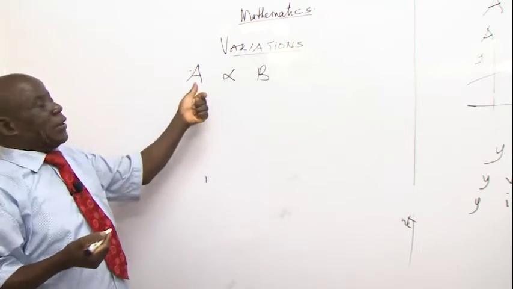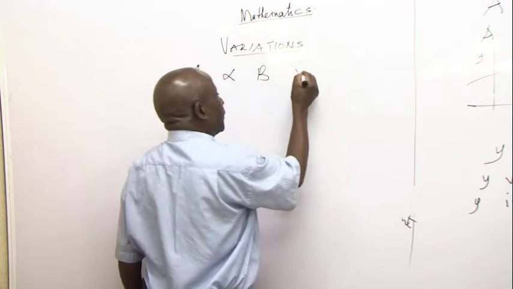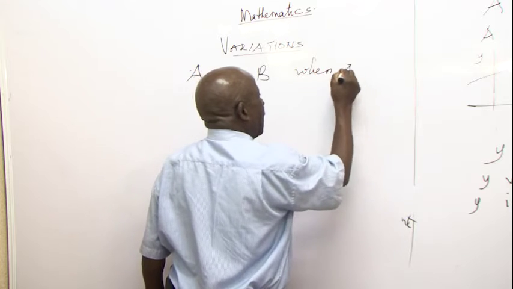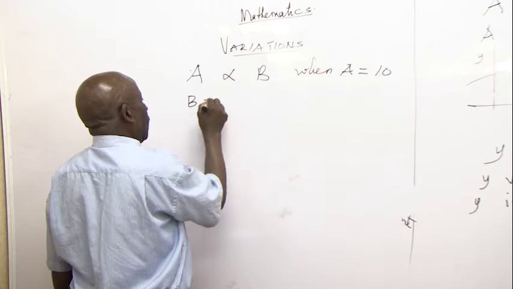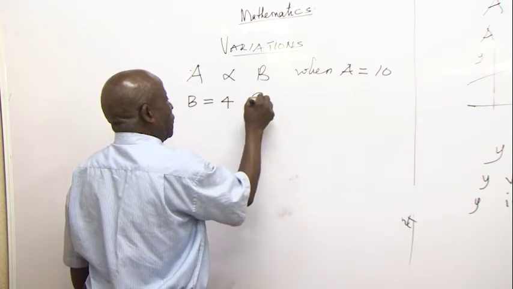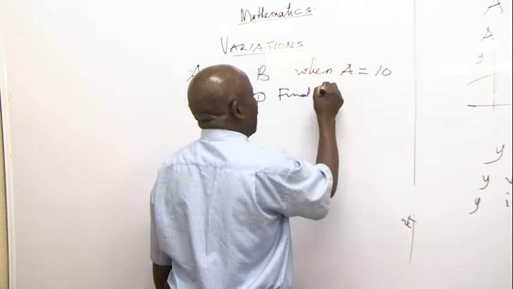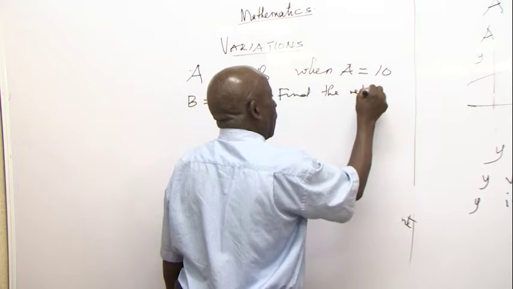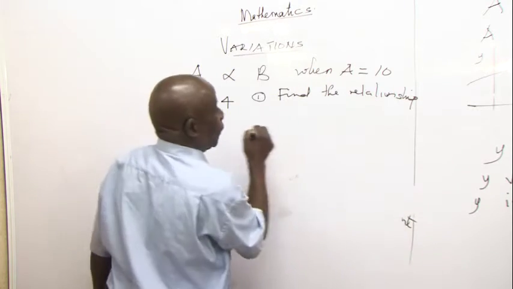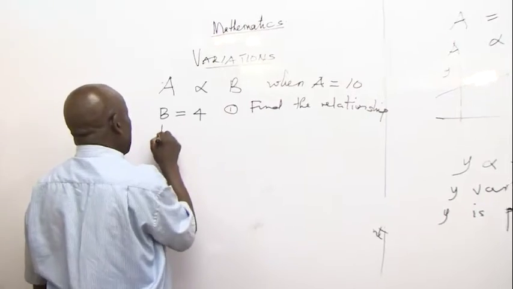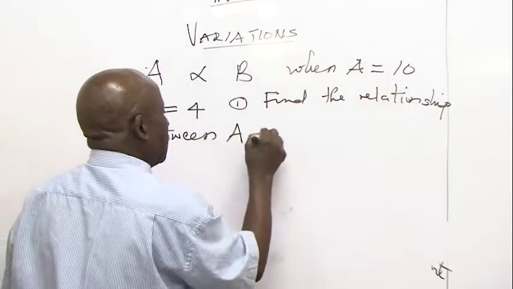It means A is proportional to B. When A is 10, B is 4. Then the first question: find the relationship between A and B.